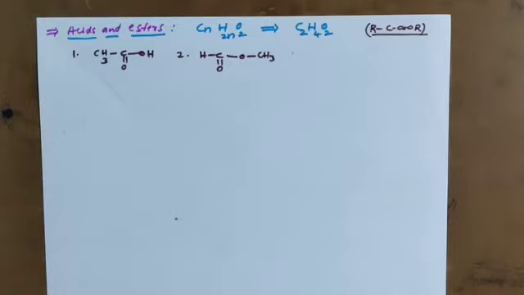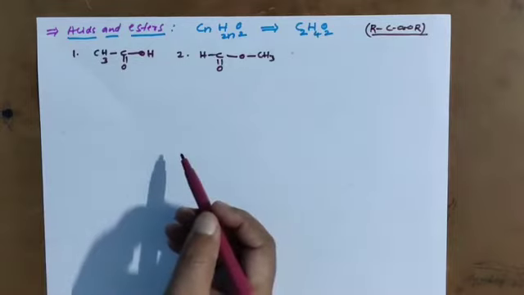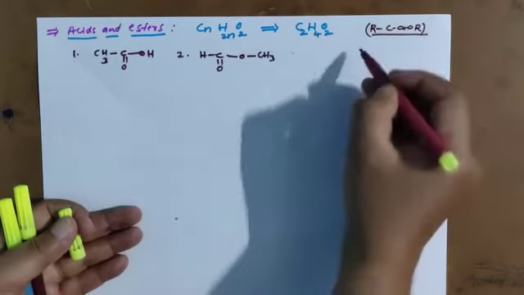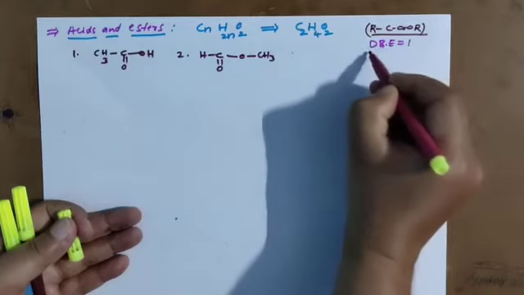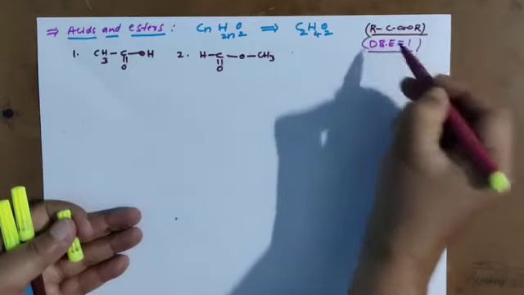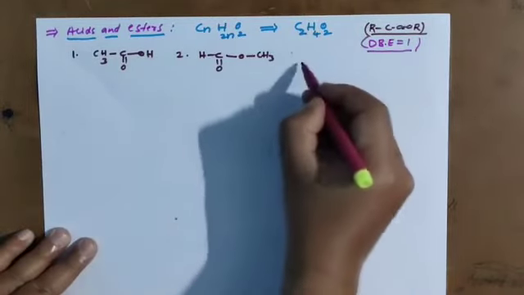Here we have the DBE value. With one double bond, when you calculate, the DBE you are getting is 1. You calculate: one double bond, or one ring chance is there. Let me draw the ring.